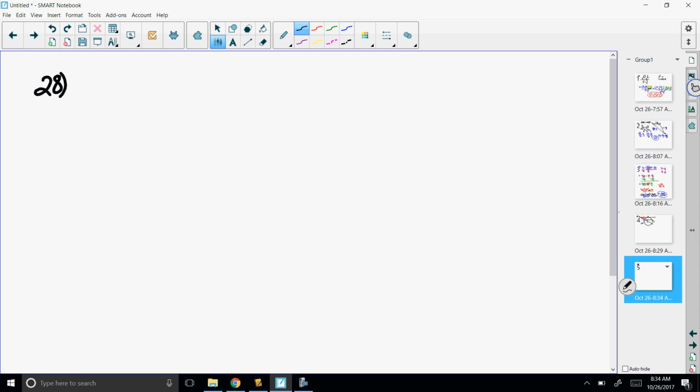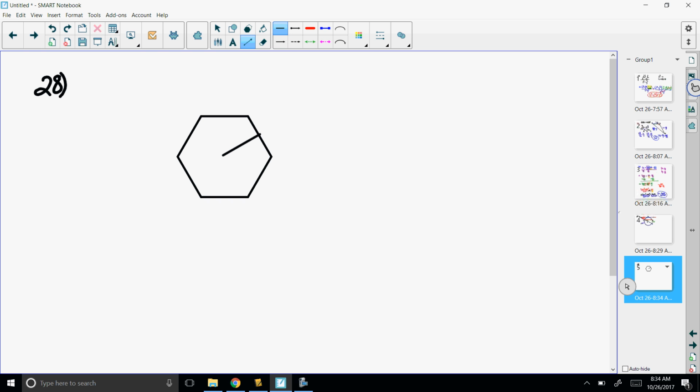So if you look at 28, it's a hexagon, right? You have a hexagon base where they tell you that that distance right there happens to be 24, and they tell you that a side length is 16 radical 3.